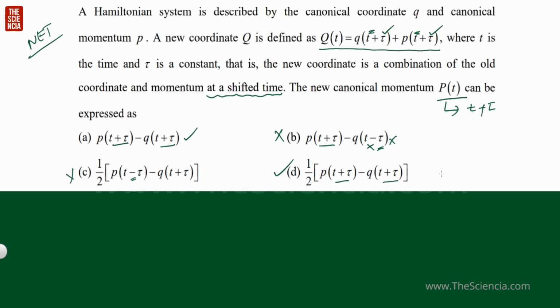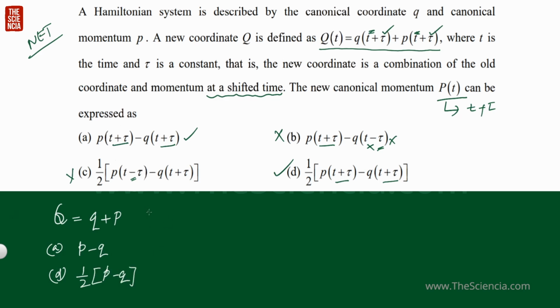Now we have to check. I am rewriting this equation in a simpler form, because when finding the Poisson bracket there is no derivative with respect to time. So the time coordinate is not important for finding the Poisson bracket. So I can simplify these values: Q of t I can write as q plus p. The given option A I can write as p minus q, and option D as 1/2 into p minus q.